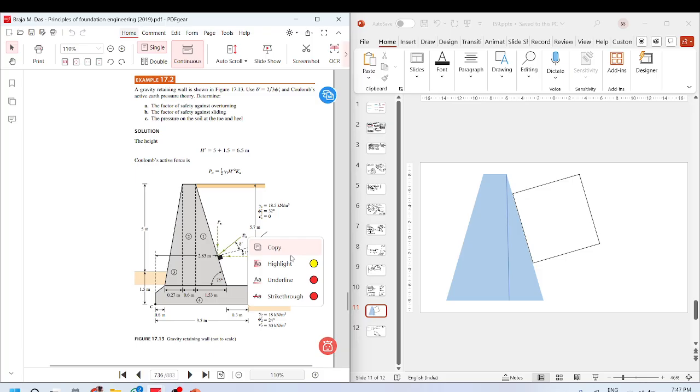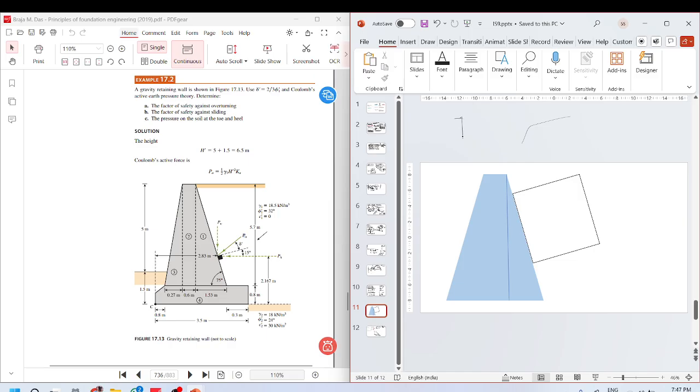Okay, so in Rankine's theory, you first have the assumption that the wall is straight, and Coulomb's theory tells us if the wall is not straight, what we have to do is that the PA we have to first incline at whatever the theta is.